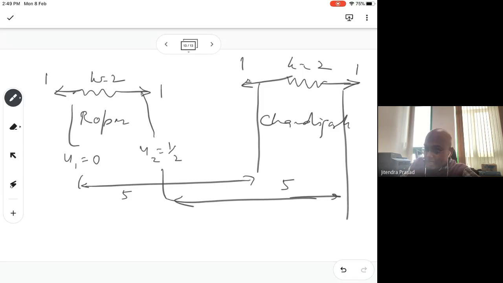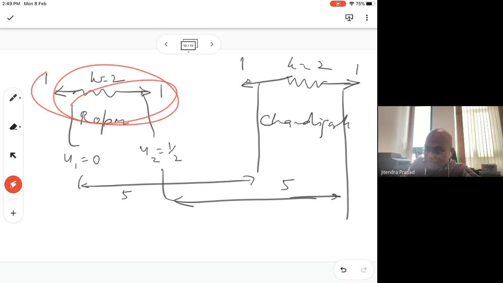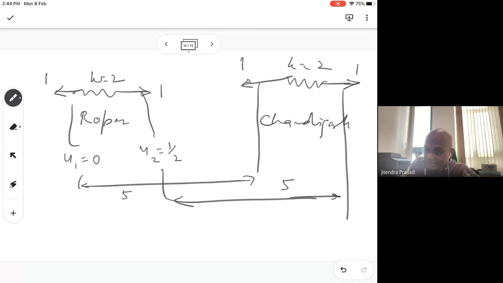Meaning that if U1 equal to 0, U2 equal to half is the solution of this, this will also be the solution of that: 5 and 5.5. You can find out. That's what I solved last time, to show that both will be the same. So boundary conditions, in both the cases, forces are satisfied.